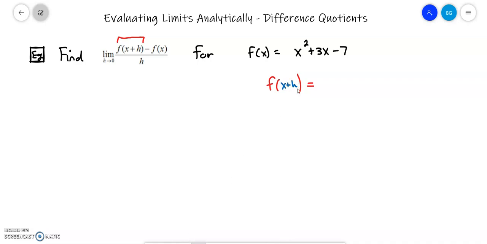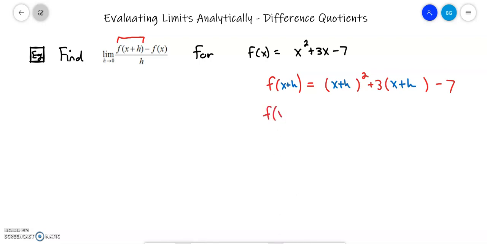I'm going to substitute x plus h into my function anytime I see an x. Notice I'm leaving some blanks where the x's were, and now I'm going to substitute x plus h. So that's how I find f of something.